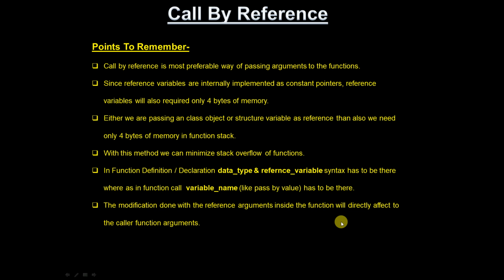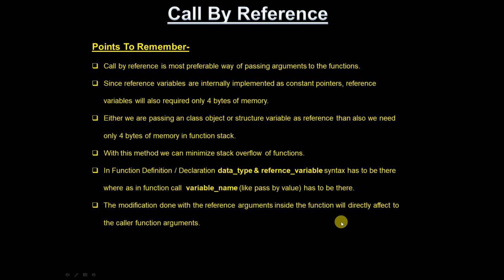I'm just repeating once again the points to remember. Call by reference is the most preferable way of passing arguments to functions, and since reference variables are internally implemented as constant pointers, reference variables will also require only 4 bytes of memory. Whether we are passing a class object or structure variable as a reference, we need only 4 bytes of memory in the function stack.